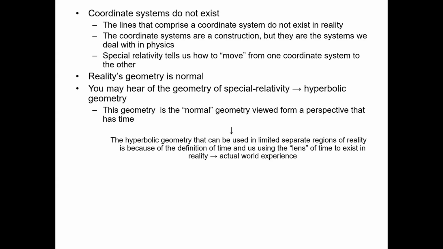So we view reality through actual world experience, and because of this way of viewing reality, our geometry is hyperbolic geometry. And by that I mean that the hyperbolic geometry describes the transformation between coordinate systems.